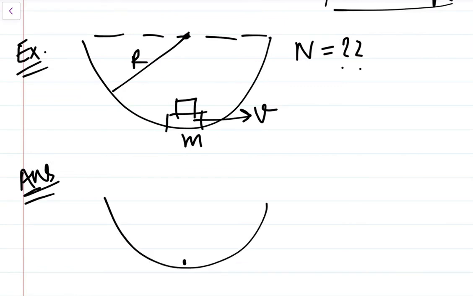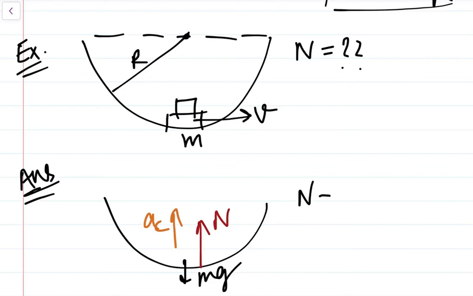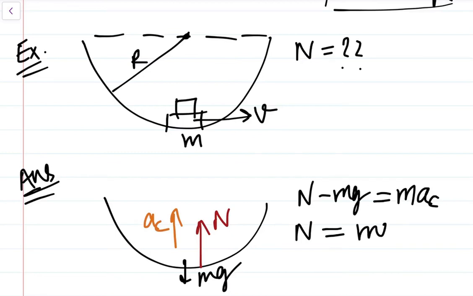So obviously downward force mg, and now normal reaction will act like this, and obviously centripetal acceleration towards the center. So normal minus mg is equal to m into AC, as you all know. So normal will be equal to mg plus mv squared by r.